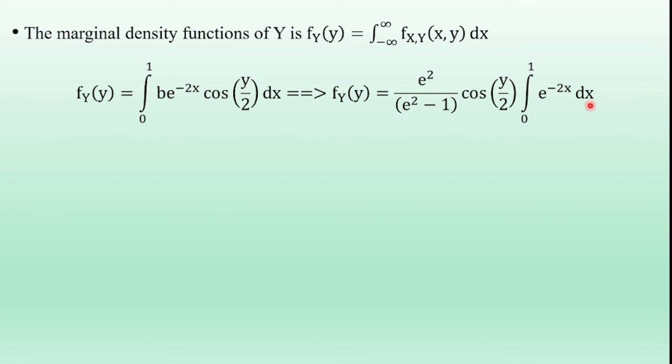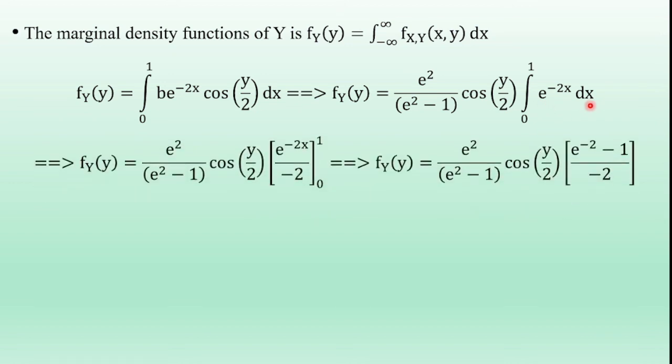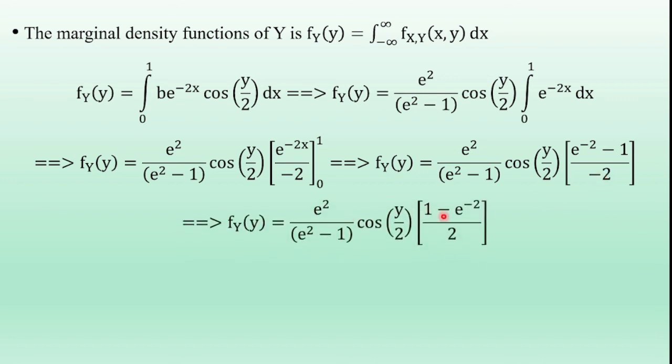Integral of e power minus 2x dx is e power minus 2x by minus 2, and now substitute the upper value of x and the lower value of x. We get fy of y is equal to e square by e square minus 1 into cos of y by 2 into (e power minus 2 minus e power minus 0) by minus 2. E power minus 0 is 1. Since the denominator has a minus, multiplying the numerator term with minus, we get (1 minus e power minus 2) by 2.